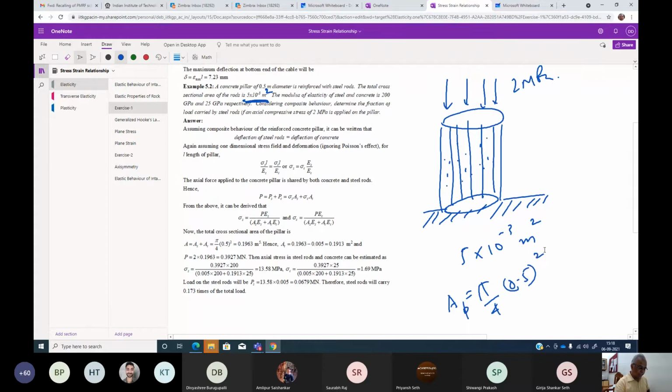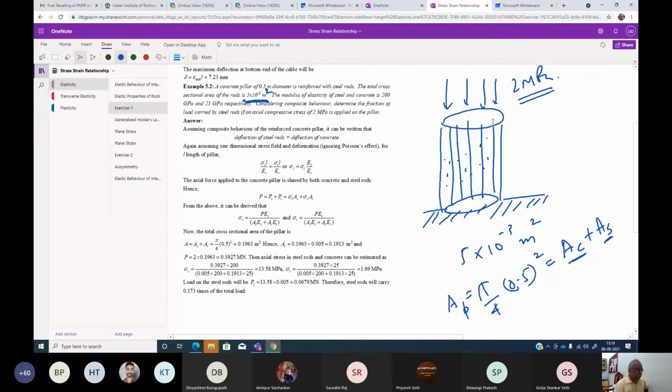So this is the total area, using the total diameter. Now this equals the area of the concrete plus the area of the steel rods, right? So the area of the steel rods is given, so you will be able to calculate the total area of the concrete where the stress is being applied. Sorry, not load, the stress is being applied.